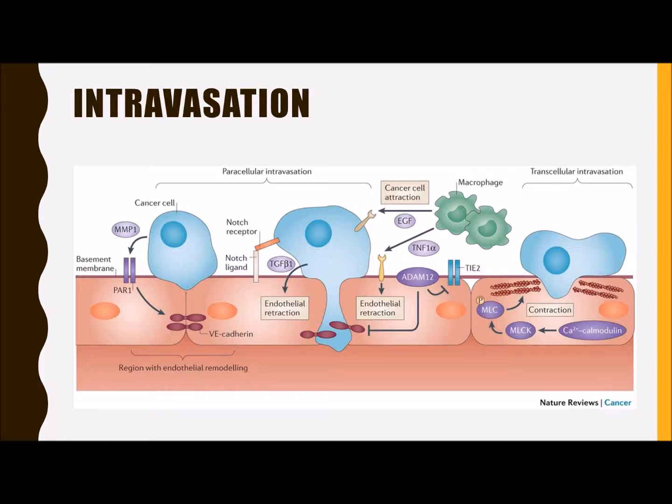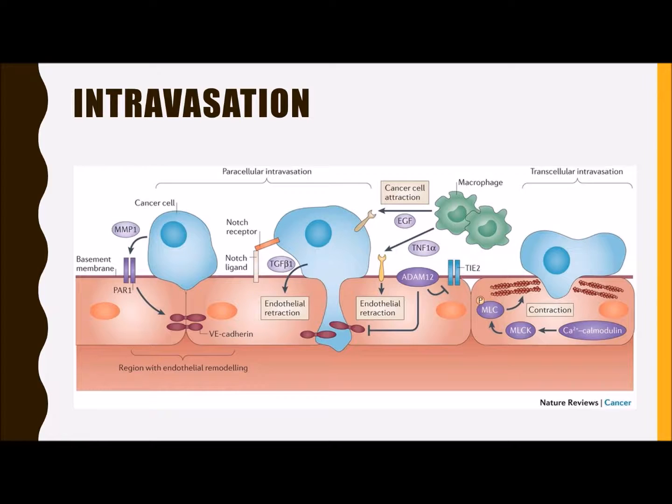During paracellular intravasation, MMP1 and PAR1 help in the remodeling of the endothelial cells. The disintegrin and ADAM12, in other words also known as the metalloproteinase, induce the cleavage of VE-cadherin and TIE2, which causes the disruption of the endothelial junction.